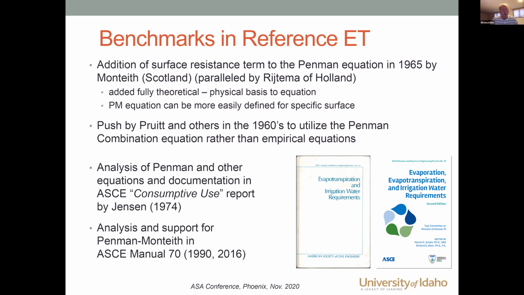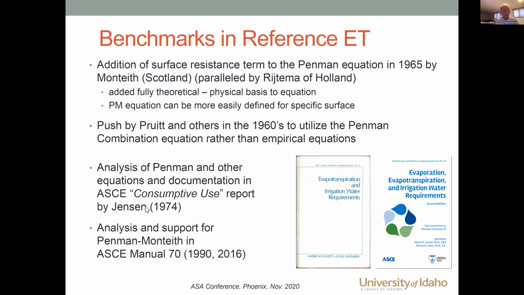In the 1960s, Bill Pruitt of the University of California, Davis led a lot of the effort for people to begin to adopt using the Penman equation. And then later in the 70s, the Penman-Monteith as an alternative to the more empirical equations like the Blaney-Criddle method.